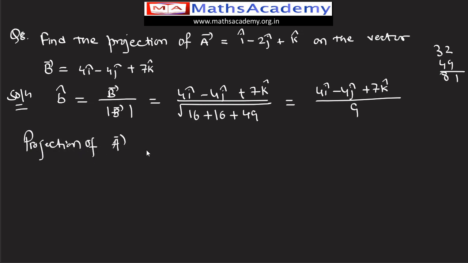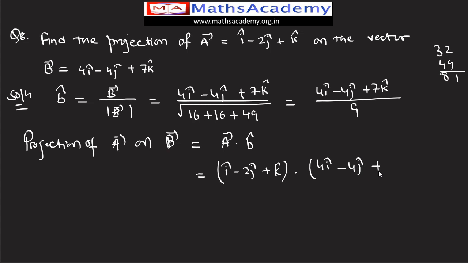So therefore the projection of A vector on B vector is equal to A dot B cap. A vector is i minus 2j plus k, and B cap is 4i minus 4j plus 7k divided by 9.